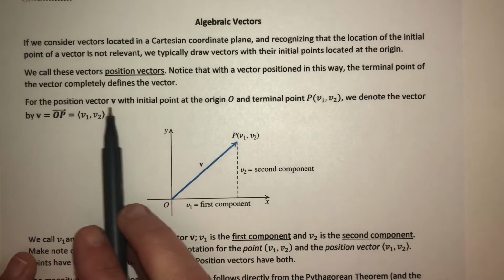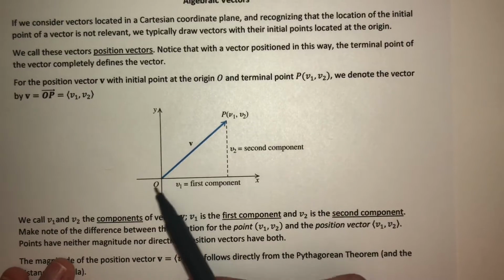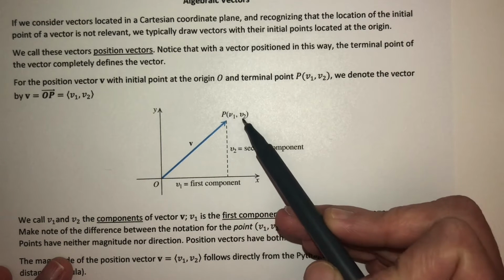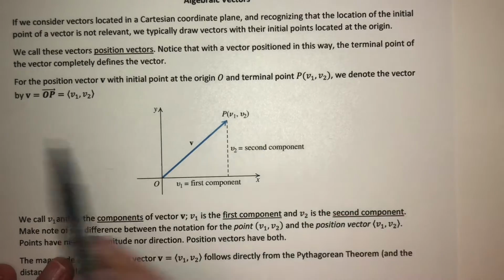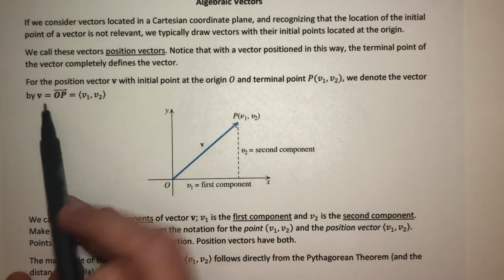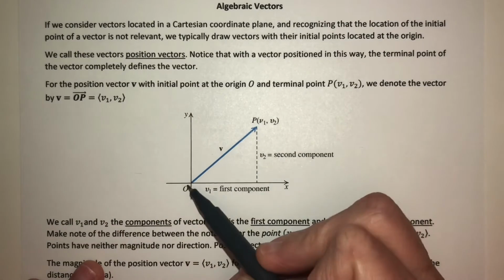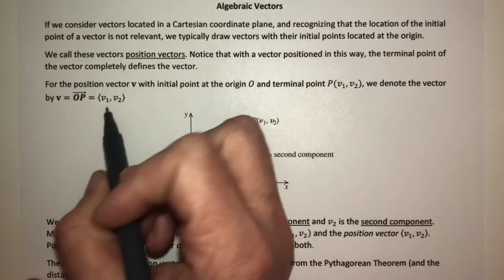So for the position vector v with initial point at the origin, O, and terminal point P(v1, v2), we denote this vector by bold v equals vector OP equals ⟨v1, v2⟩.